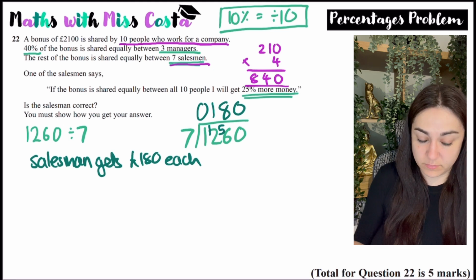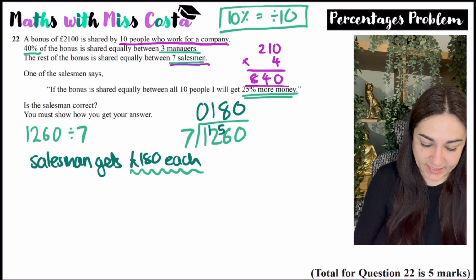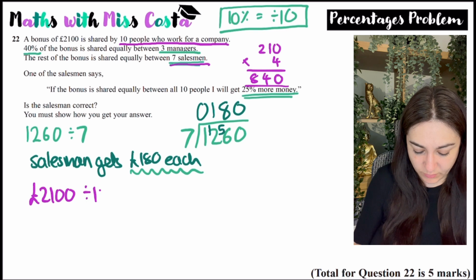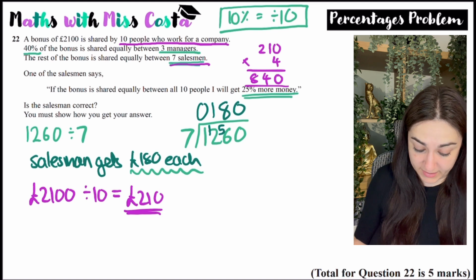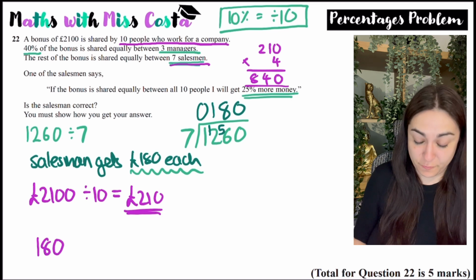So the way that they've done it, the salesman currently gets £180 each. If it's shared equally, 2,100 divided by 10, we already know is 210. So he thinks that he would get 25% more money. Well, he currently gets £180, 25%.